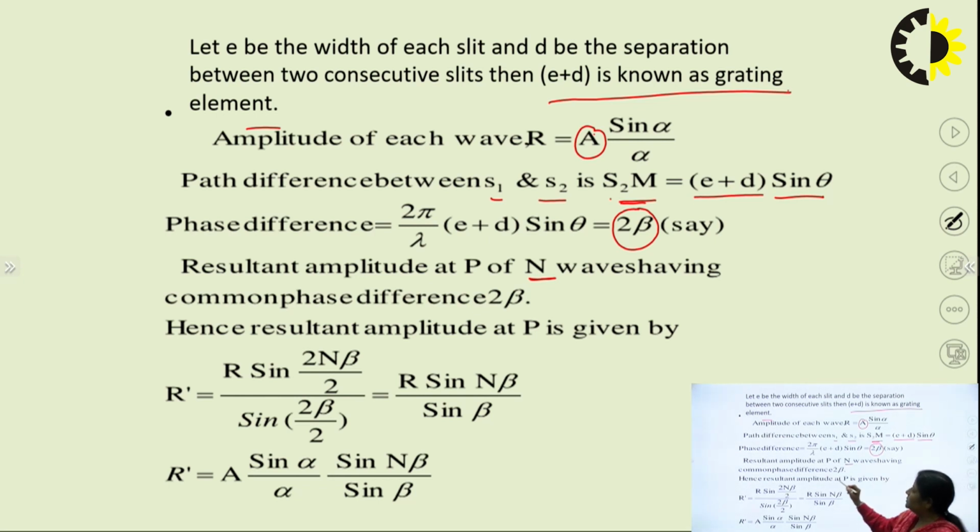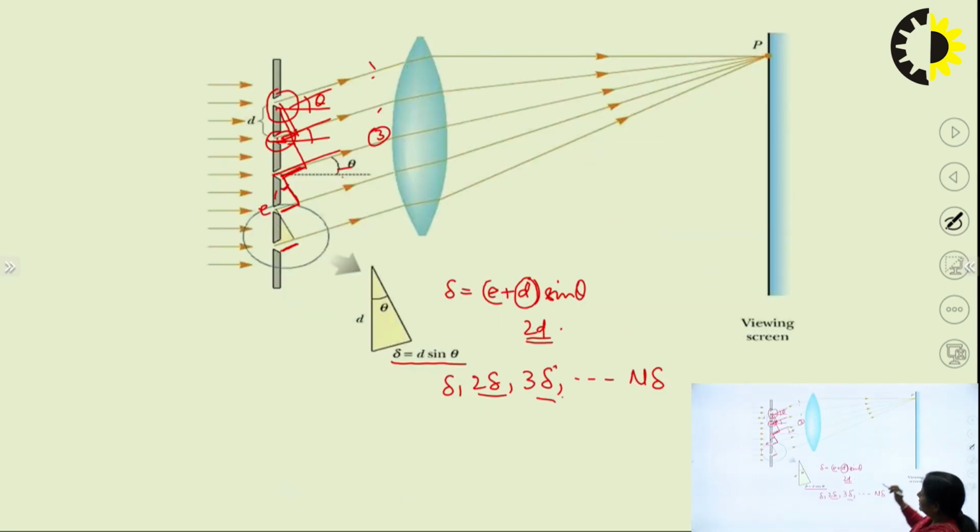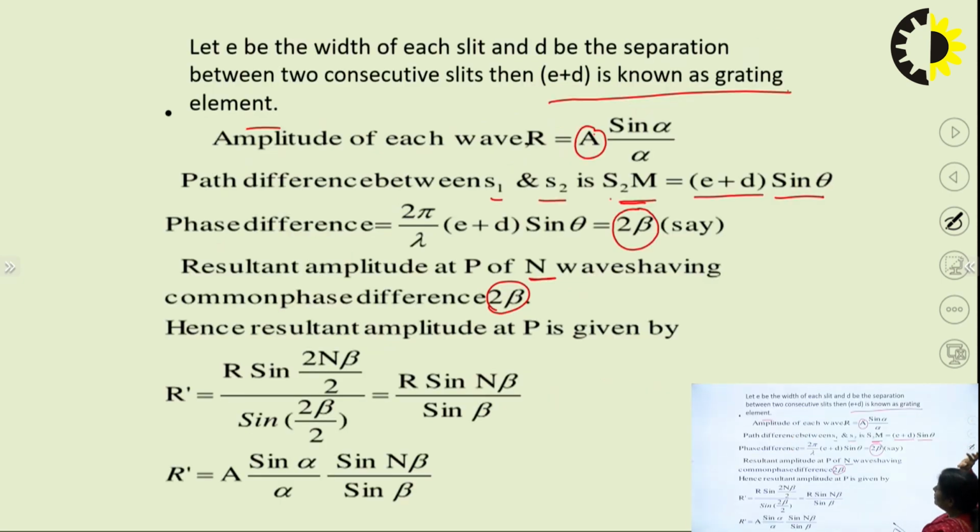So then the common phase difference 2 beta, we have discussed already in the previous slide, is going to vary like this. The delta part will be common, but it will have different values like delta, 2 delta, 3 delta, and so on, depending on the number of slits we are taking into contribution. So that part is mentioned here.